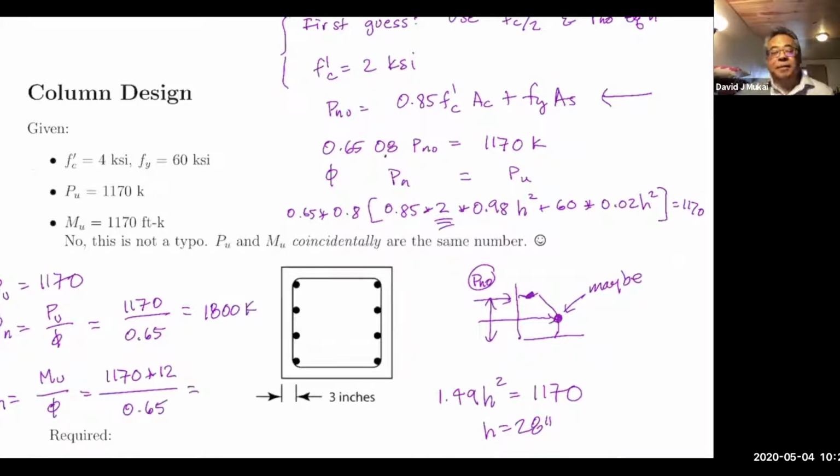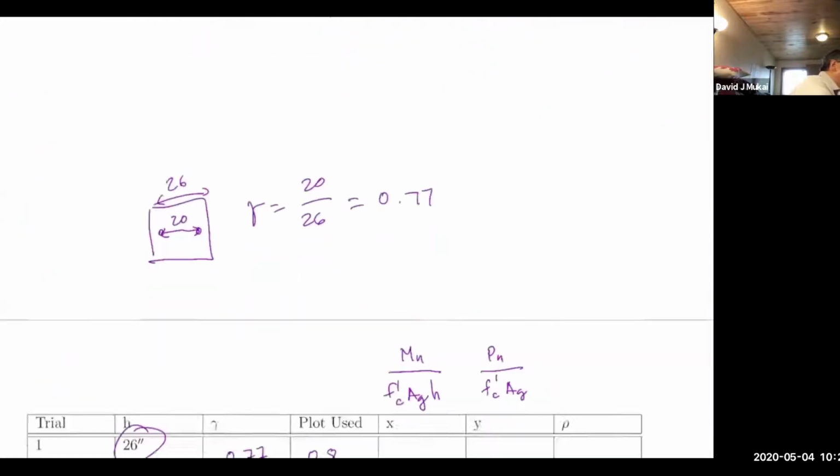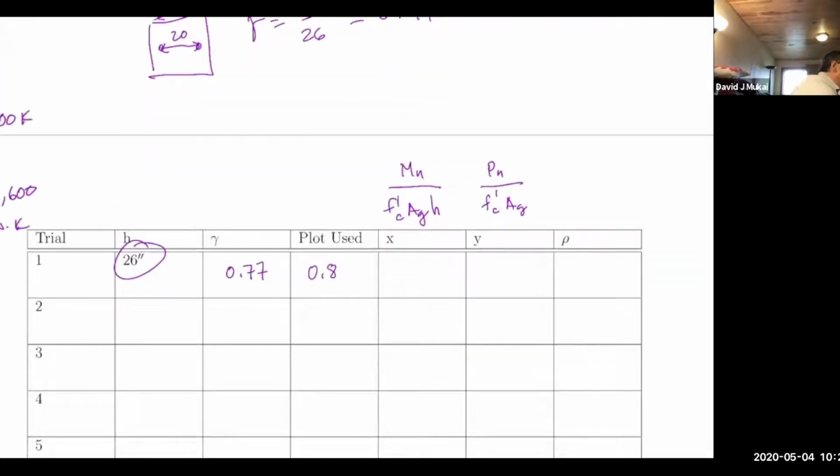We need inch kips. Okay, so I have to take Mn divided by f prime c times Ag times h.